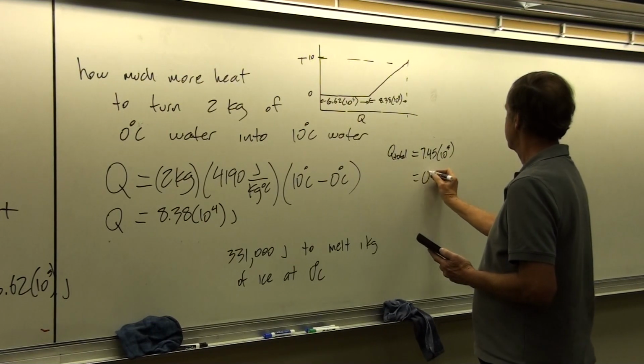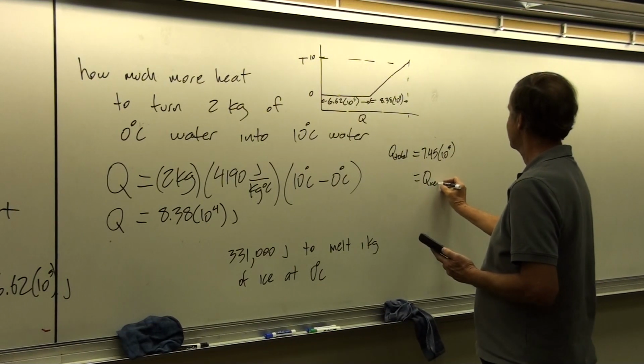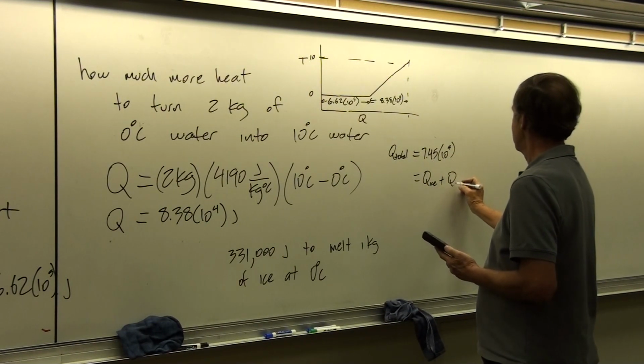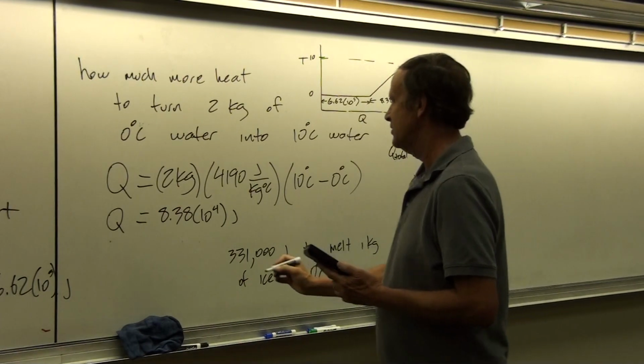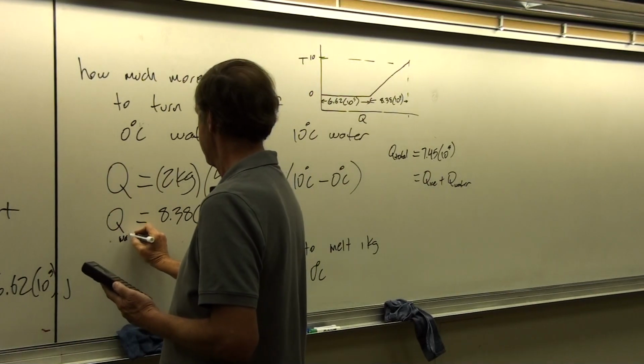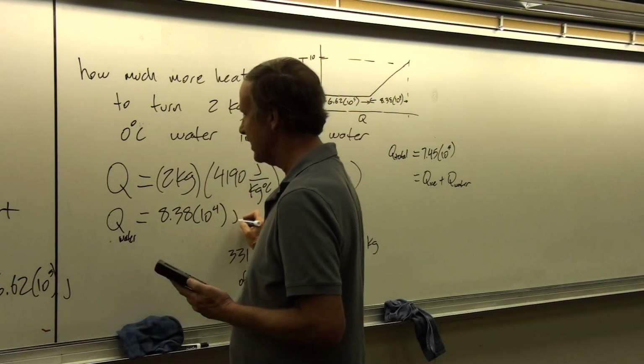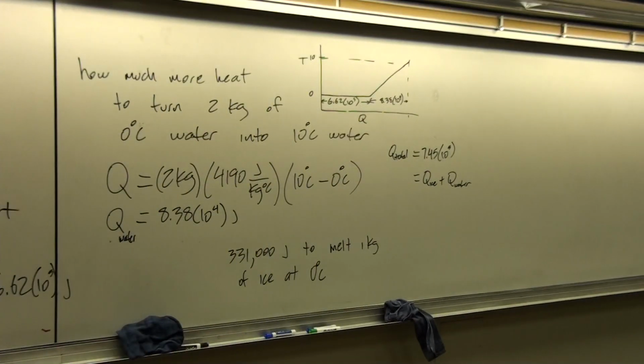So that's equal to the Q ice plus the Q water. This is the Q water to change the temperature of the water, and this is the Q to melt the ice. So Q total is just the sum of those two.